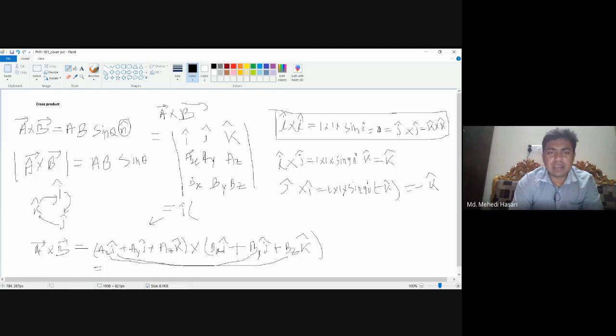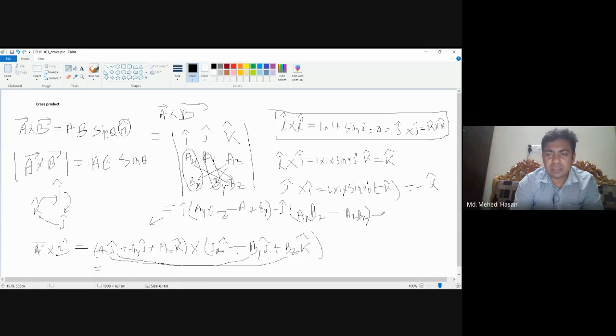But if we apply the matrix rule, you can easily find the result. In case of i, this part is closed, so the multiplication of these two is ay bz, minus the multiplication along the other diagonal, az by. Similarly, in case of j, there is a minus sign, so this part is closed: ax bz minus az bx.